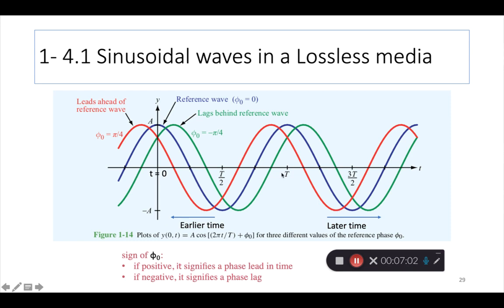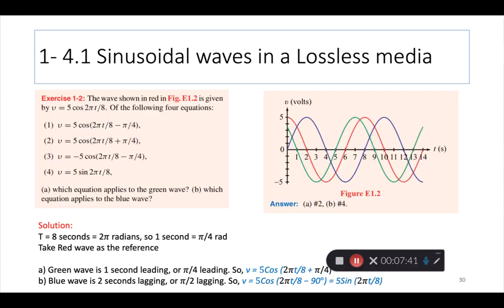So with that, you can see that the red wave, he is using the blue wave as the reference wave, and then he says the red wave leads because it's ahead in time, and the green wave lags or it's behind in time. Okay, and the phase angle for each has a magnitude of pi by 4, right, which is 45 degrees. So nothing new. I hope by now you're all familiar with this. If not, spend a few minutes becoming familiar.